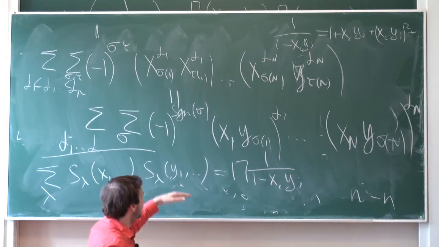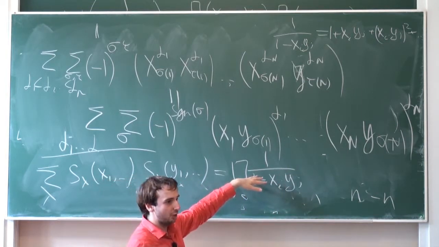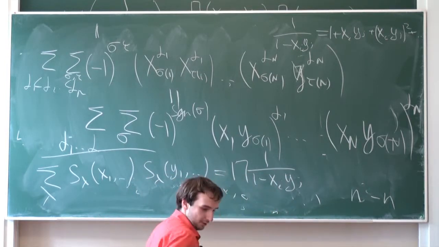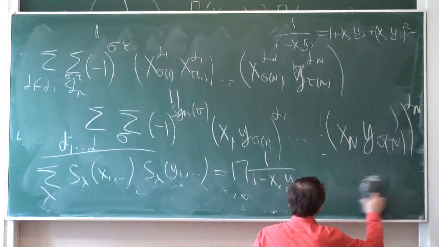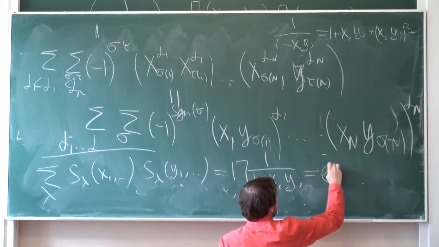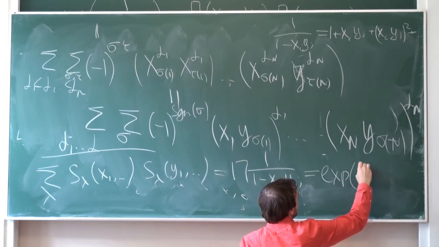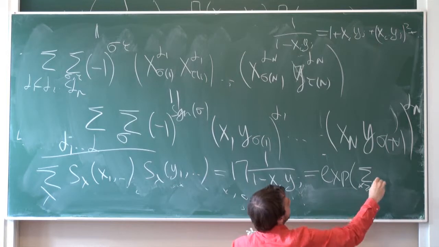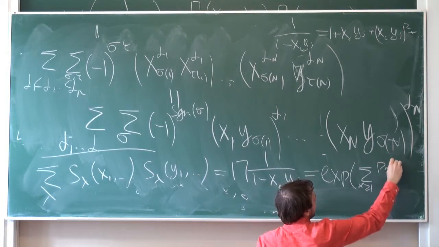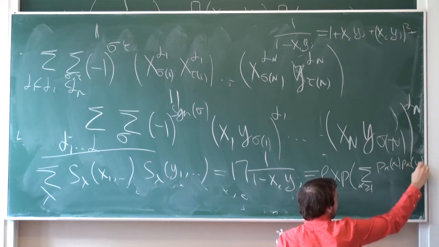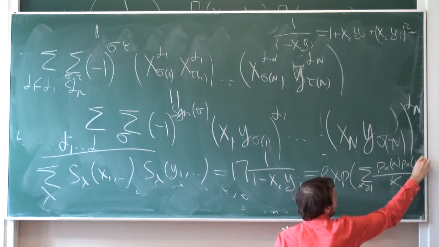What we'll need is also another expression for the same product of 1 over 1 minus xi yj. So this is the following expression. First, you can write it as the exponent of the sum over k greater than or equal to 1 of pk of the variables x times pk of the variables y's, divided by k.